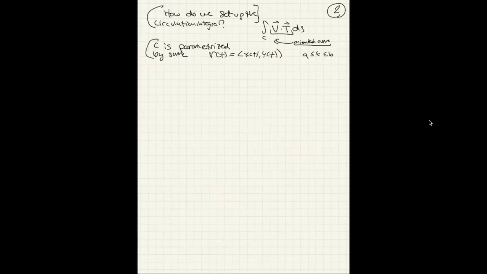So C is parameterized by some r of t, and we have v of x, y. So the integral becomes, well, remember that the unit tangent vector at time t is the velocity, but you have to make it unit.